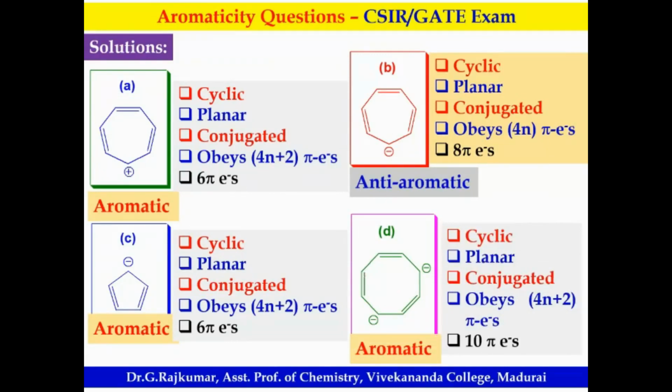The corresponding dication and dianion of cyclooctatetraene are both aromatic. So option B is the correct one.